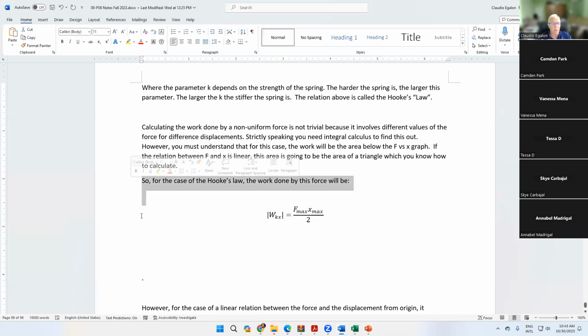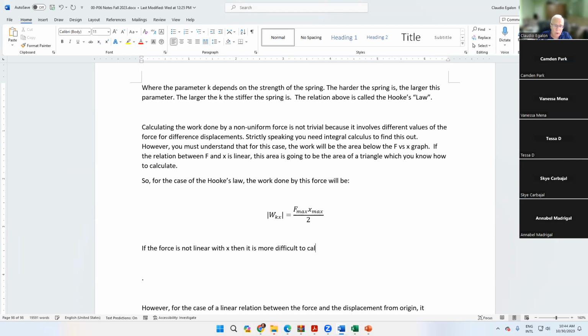We know that only for the linear case. If the force is not linear with x, then it's more difficult to calculate the amount of work.